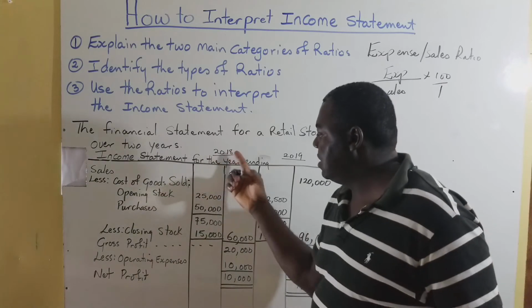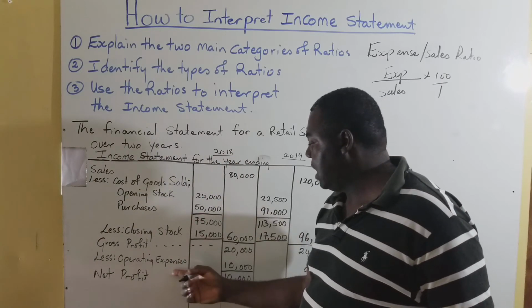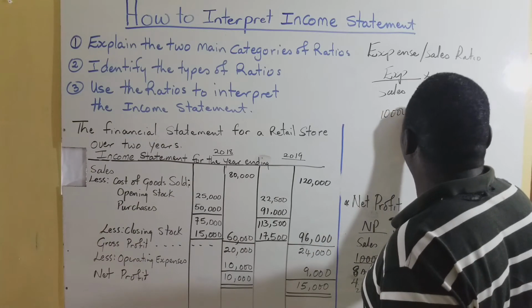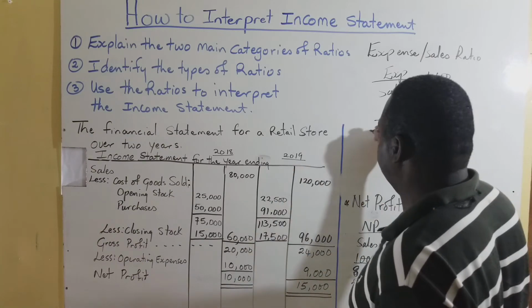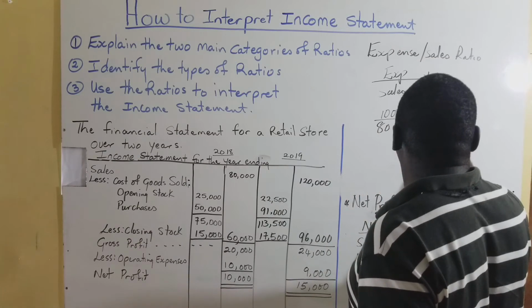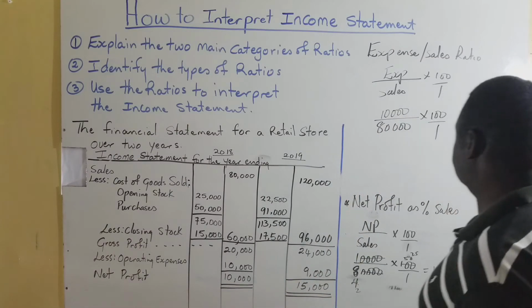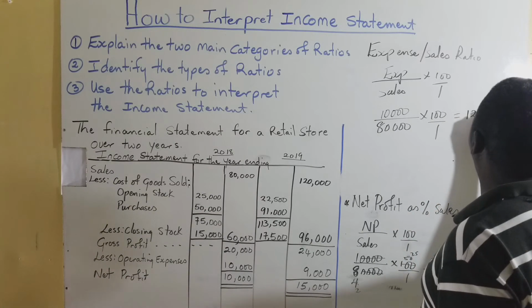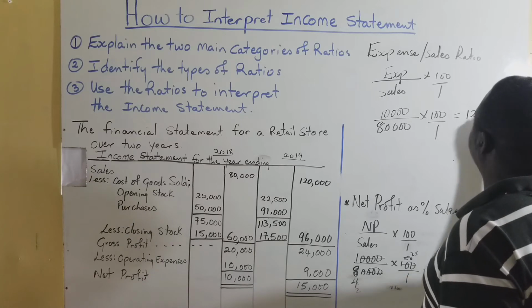In 2018, the total expense is $10,000 over sales 80,000 times 100. Just as we have done before, this would be 12.5%.